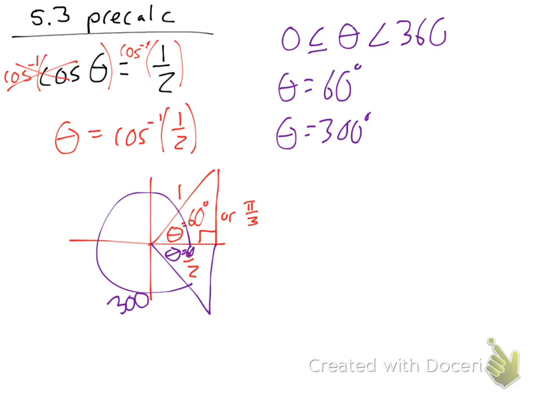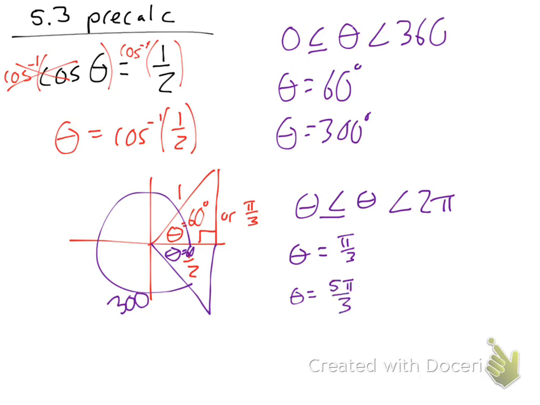Positive 1/2. And if by choice or chance I was looking for angles between 0 and 2 pi, I would say theta is equal to pi over 3, because 60 goes into 180 how many times? And 5 pi over 3.